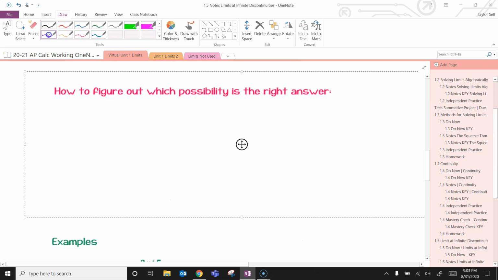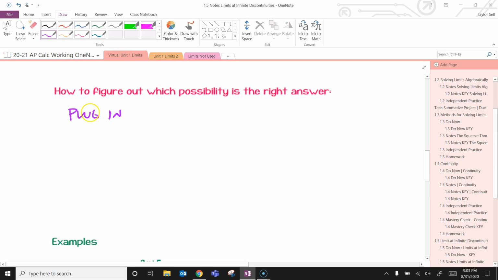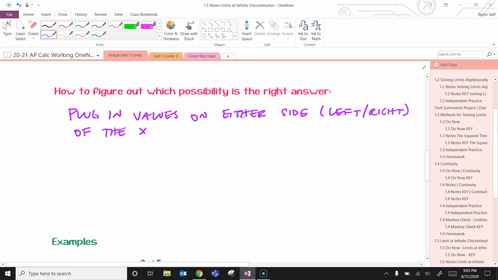When you have a vertical asymptote, you are going to plug in values on either side, and I mean left or right, on either side of the x value that you're approaching.